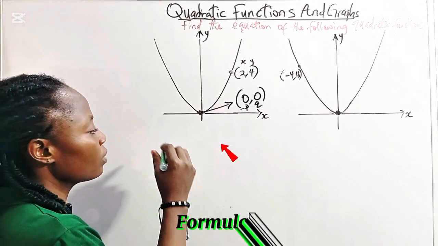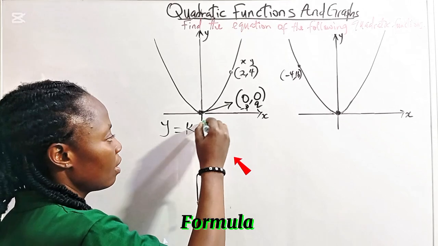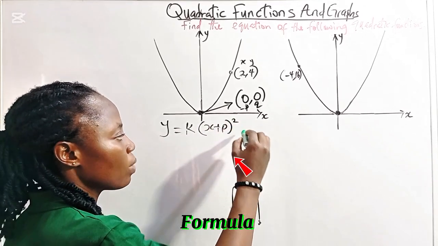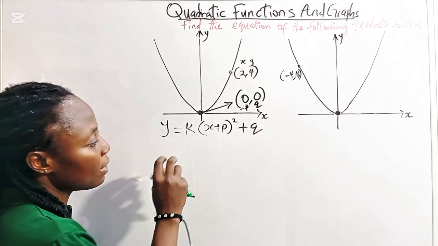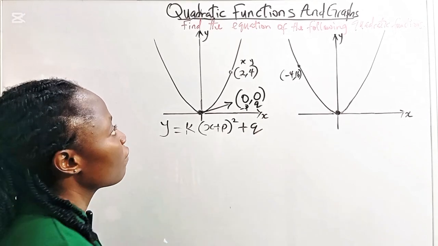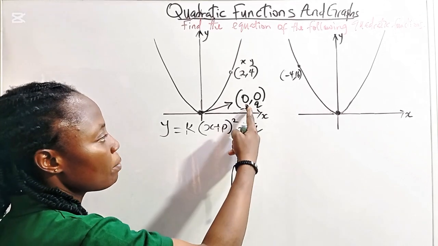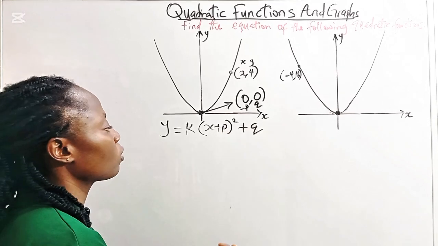So we are going to be using this formula: y equals k, open the bracket, x plus p, all squared, then plus q. This is the completing the square form of the quadratic. Here, our p is 0 and our q is 0. We are going to substitute that.